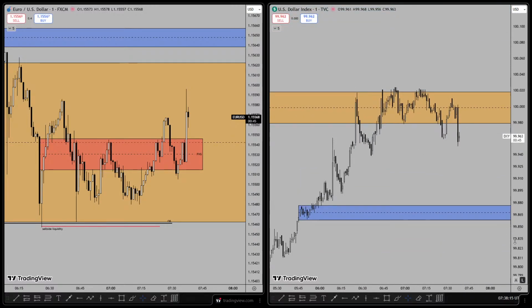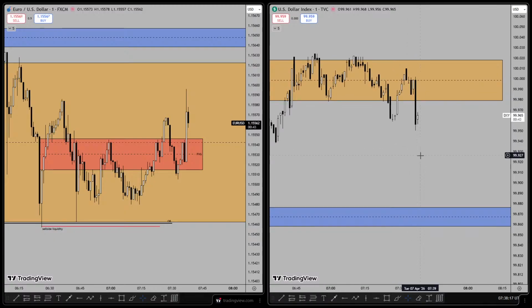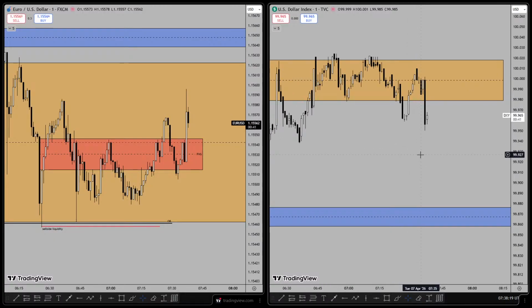Same goes for the dollar index. Let's look at the price action to see if there's going to be a continuation.